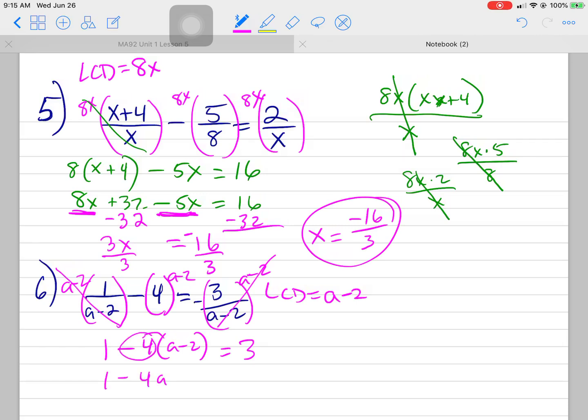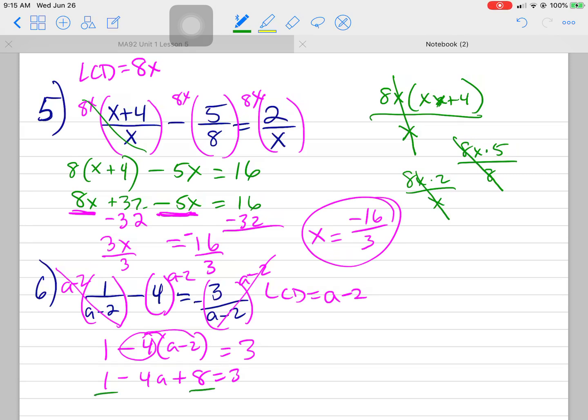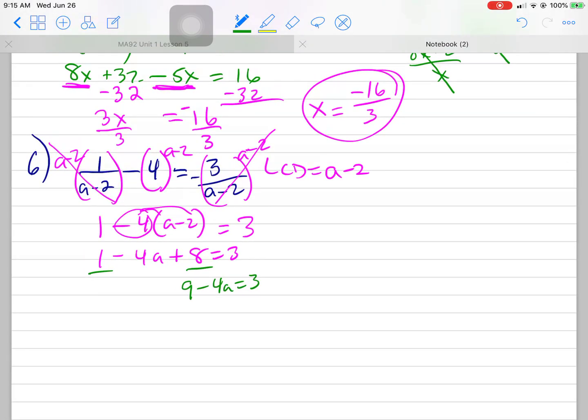I should be doing this a different color. Here and then here. And then combine like terms. And move that 9 over.